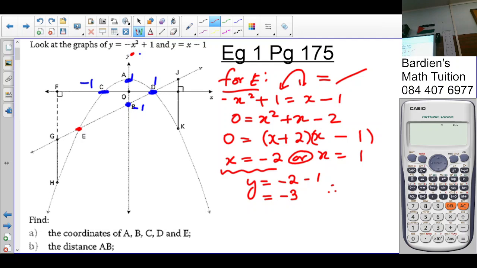Negative 4 plus 1 is negative 3, which still confirms that this is correct. So, when I do the substitution back, it can be in either the parabola or the straight line, doesn't matter. You guys understand? But as long as the x value is right, the corresponding y value will be the same. So the coordinates of E is going to be negative 2 and negative 3.